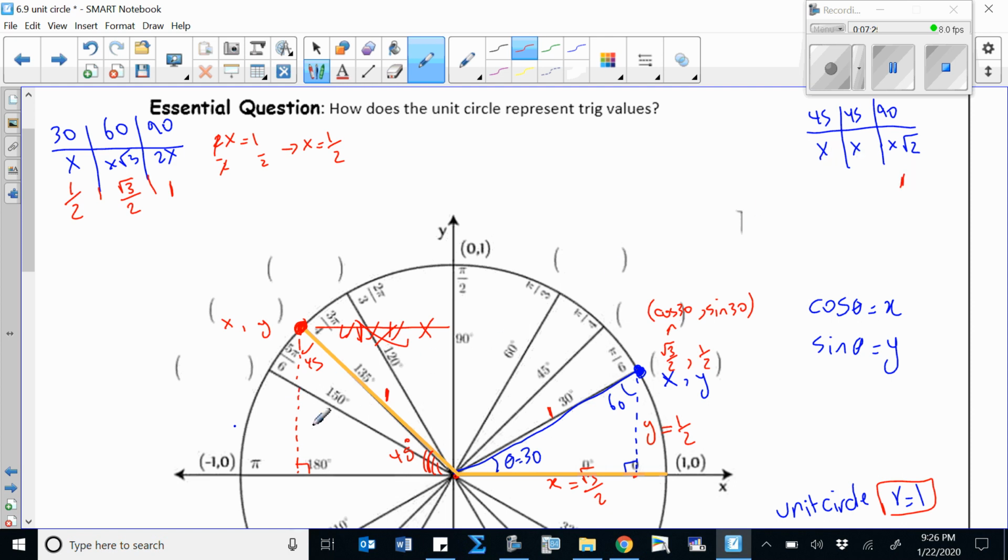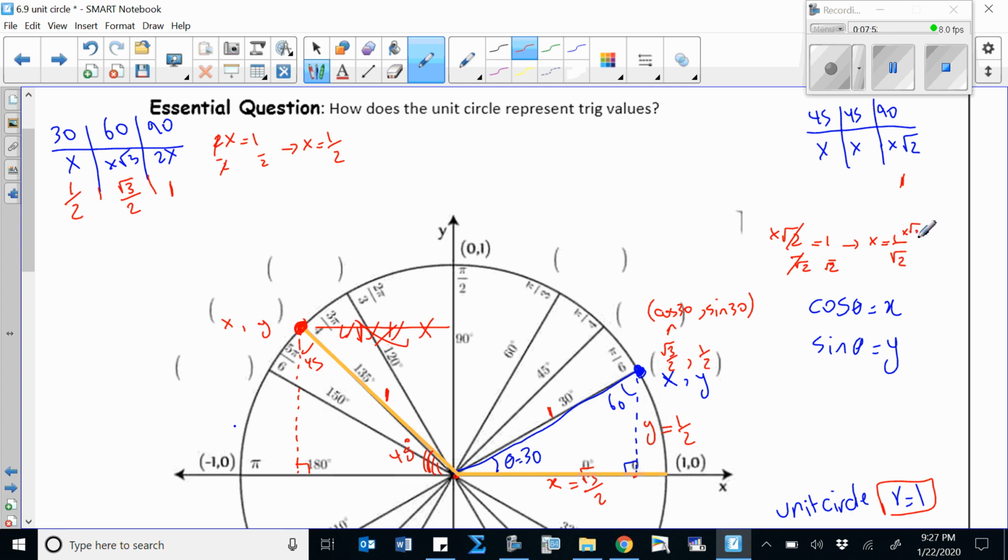Now we want to find the other two sides of that. X radical 2 is equal to 1. To find x, I'm going to divide both sides by root 2. So x will be 1 over radical 2. Now I need to rationalize this because we don't want any radical form in the denominator.